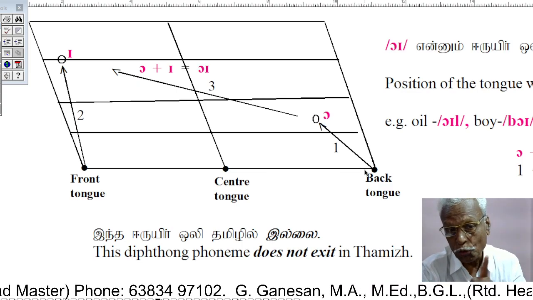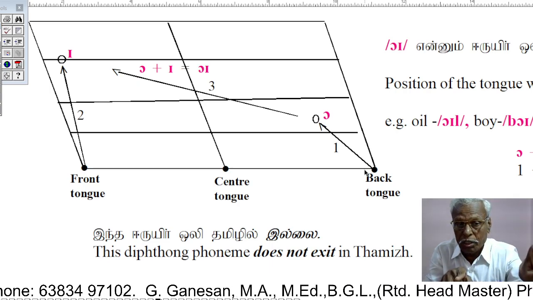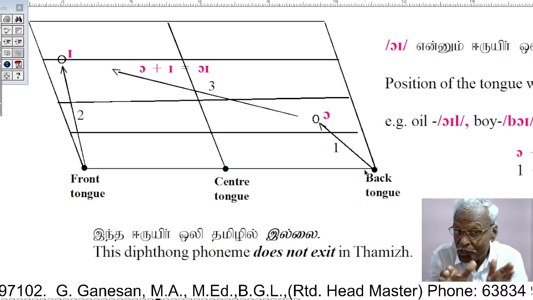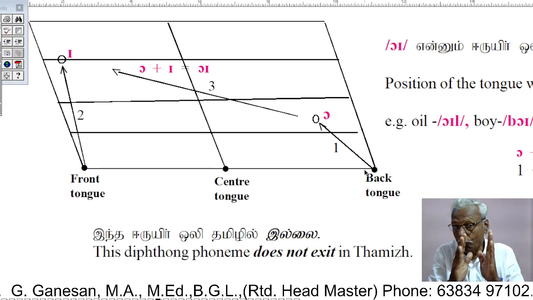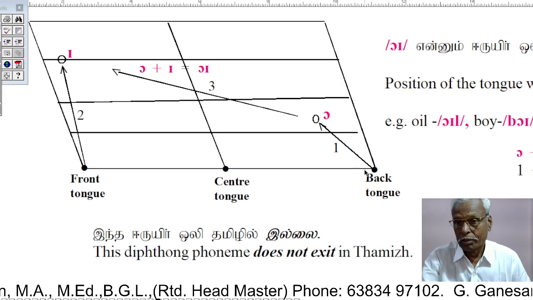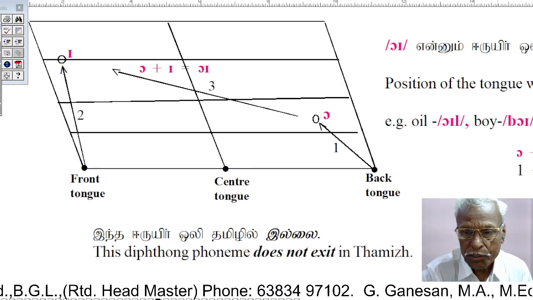It is only moved towards /ɪ/, but does not reach it. This is how the diphthong phoneme /ɔɪ/ is produced. See it again and again. See the examples.